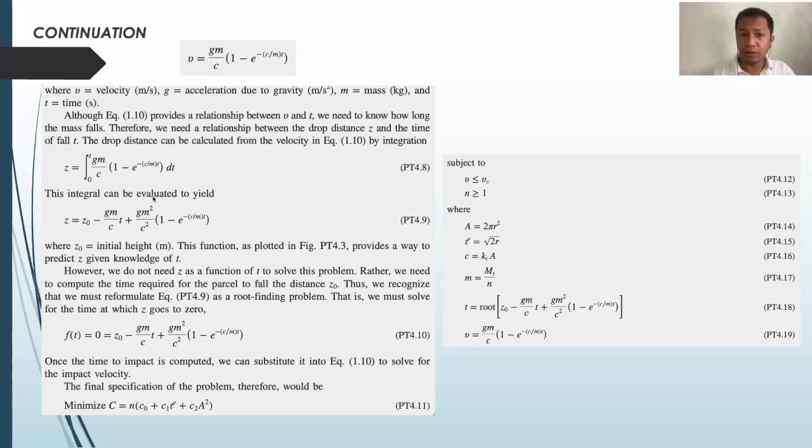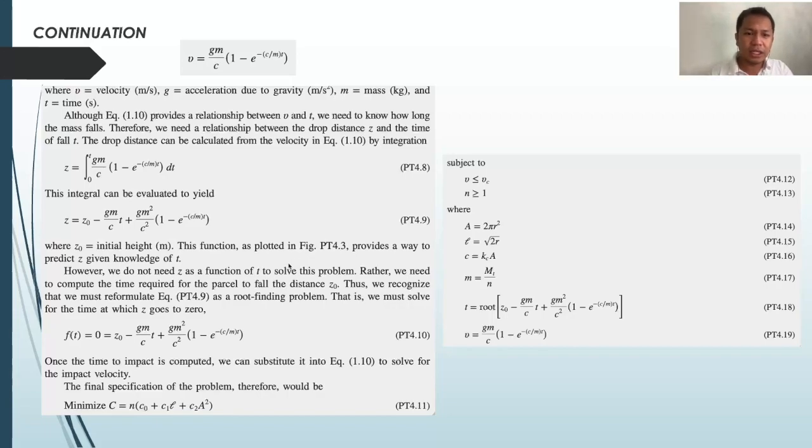This integral results in this equation, 4.9: z is equal to z naught minus gm over c t plus gm squared over c squared quantity 1 minus e to the power of negative c over m t, where z naught is the initial height, as plotted in figure 4.3. This way, we can predict z given the knowledge of t.